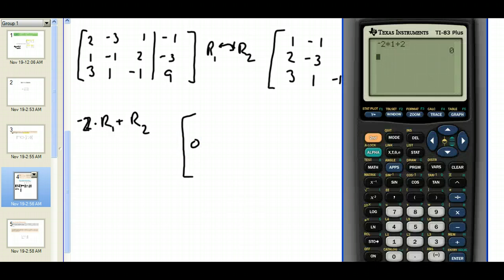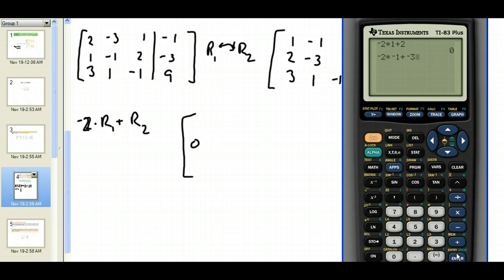And then do it again. Negative 2 times what's in this position, negative 1, and then add it to whatever is in this position. We're multiplying negative 2 times whatever is in row 1, and we're adding it to whatever's in row 2.